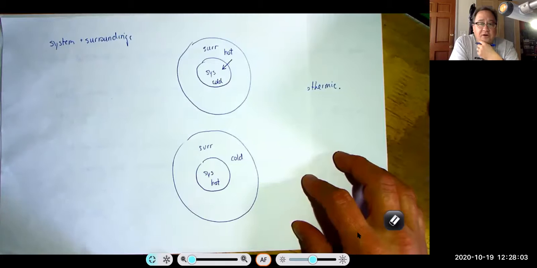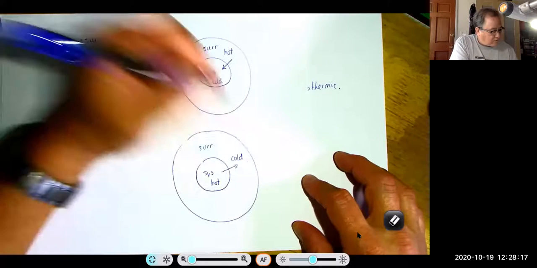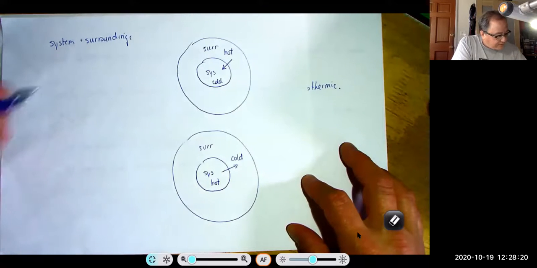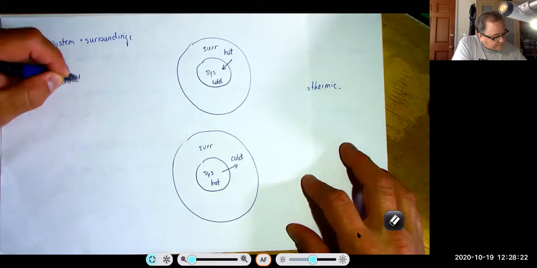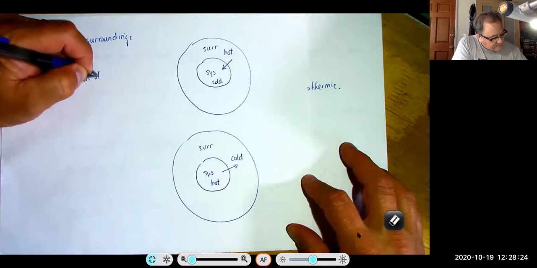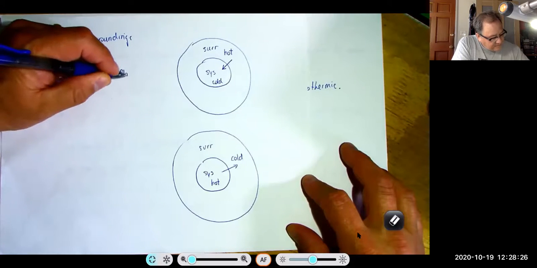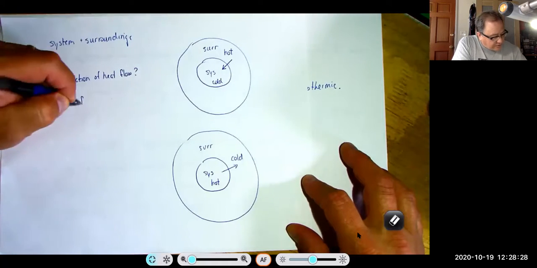Into the system, go faster. Go ahead and make your choice on this one. The choices are the same. Into the surroundings, go slower. Into the system, go faster. Right. So what is the direction of heat flow? And the answer is from hot to cold.